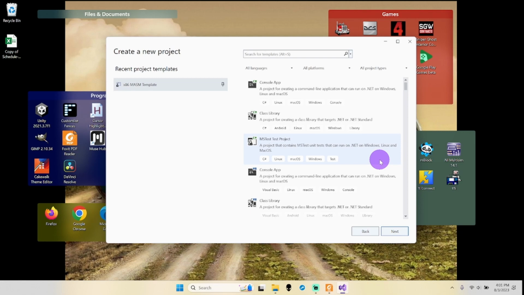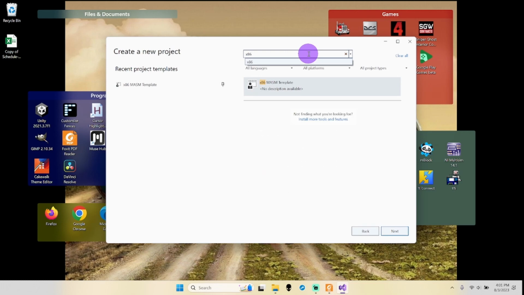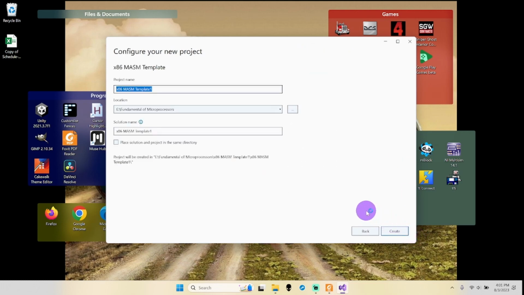Now that we have clicked there, we're going to go ahead and go to our template. Again, you can type up here as long as you have all languages, all platforms, and all project types. Just type in x86 and it'll pop up. We'll select it here, click next. This is lab number 9. Oops, sorry, I meant lab number 8.